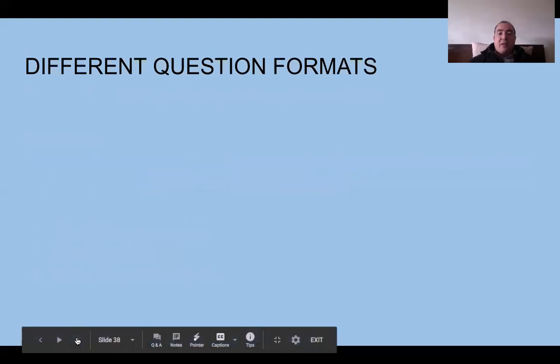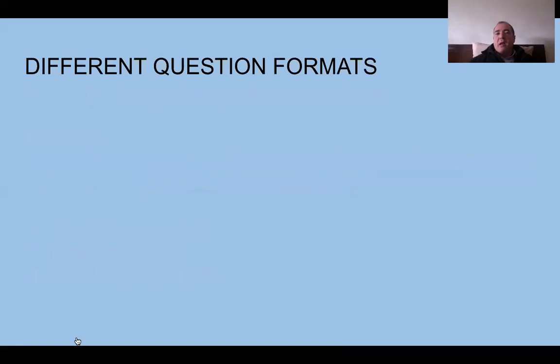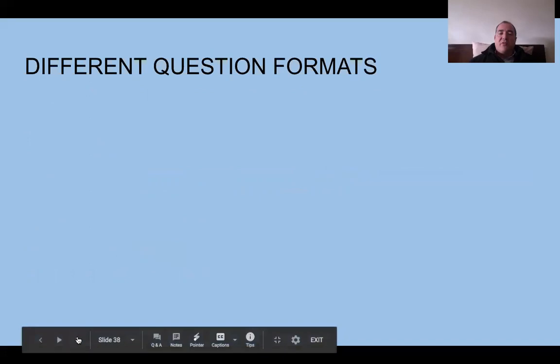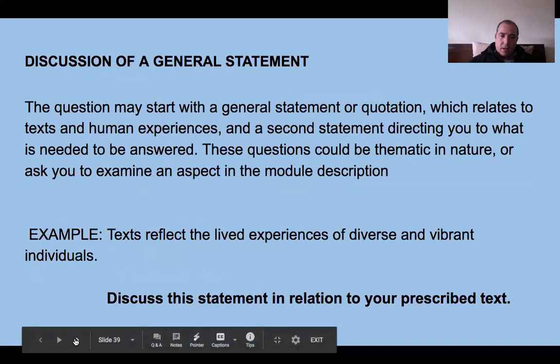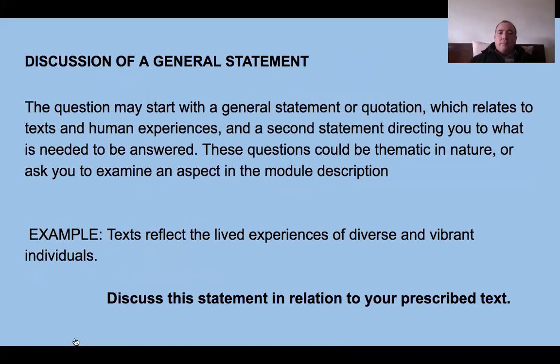Now, there are different question formats, so let's look at them and we'll look at some examples of some questions so we're familiar with these formats. There is discussion of a general statement. Now, this question may start with a general statement or quotation, which relates to texts and human experiences, and a second statement directing you to what is needed to be answered.